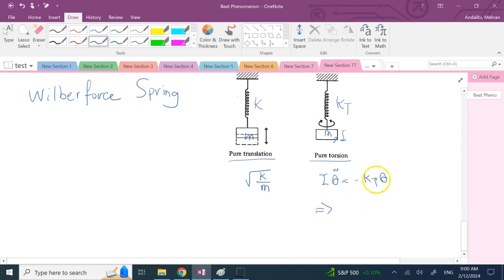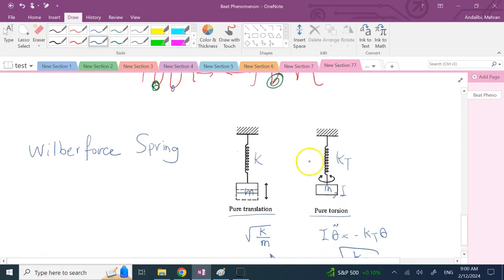And you can see that square root of kt over I is the other frequency. So if these two frequencies are very close to each other, then again in this system, because the translation and rotation are linked both through this spring together, then you can have a similar behavior in this spring.